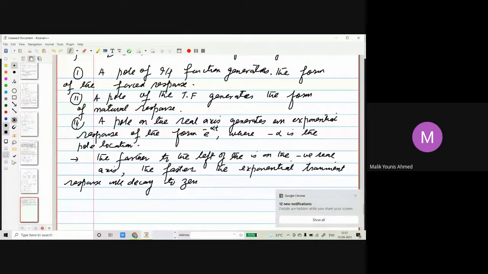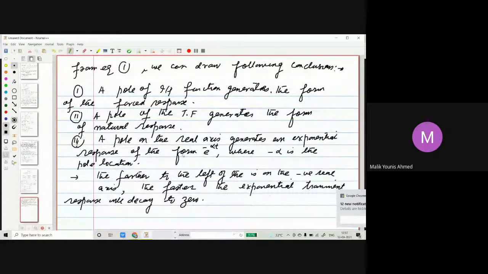So this is a very important valid point. Let me explain it further. A pole at the origin will generate a forced response. A pole on the real axis will generate a natural response, an exponential response of the form e raised power minus alpha t, where alpha is the location of the pole.